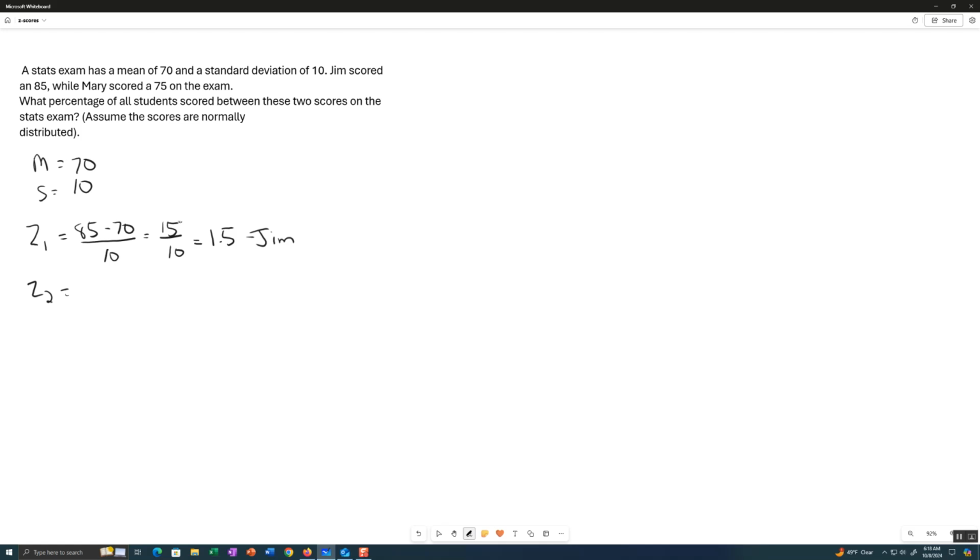Now let's look at Mary. Mary got 75. So we're using the same formula, z equals x minus M over s, or z is x minus mu over sigma, depending on whether we have a sample or a population, but they're exactly the same, so it doesn't matter which one you use, giving you the same answer.